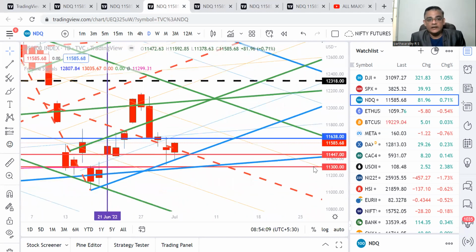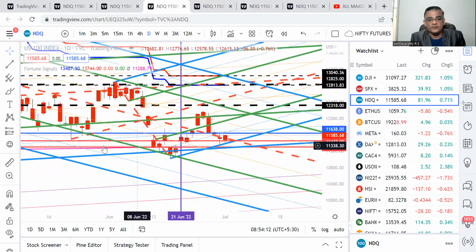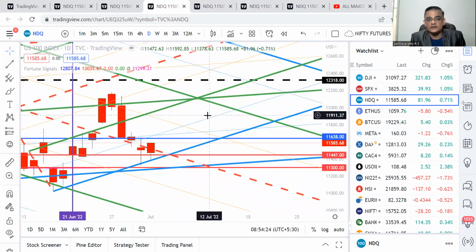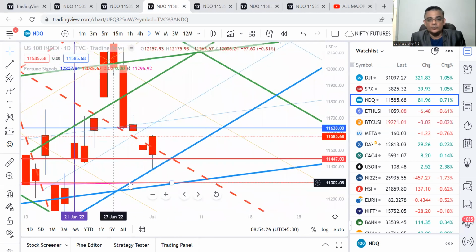Number two, if I connect the pitchfork from the 21st May bottom to the 2nd June top and the 16th June low, it says it is holding this blue color line. This blue color trend is the bigger trend. If it closes below it, it is definitely a problem, no doubt about it.